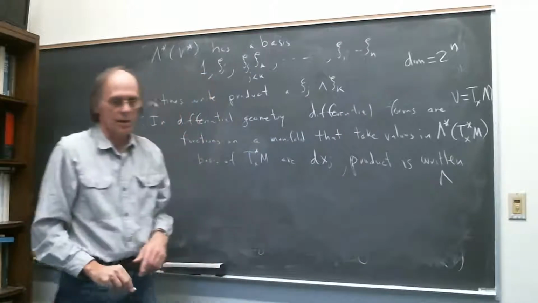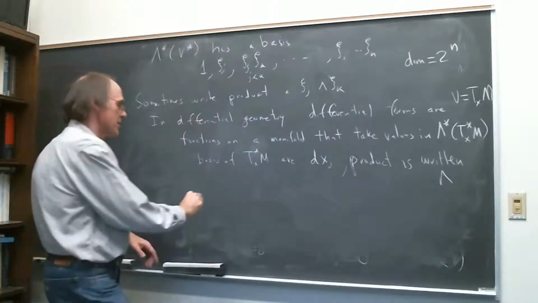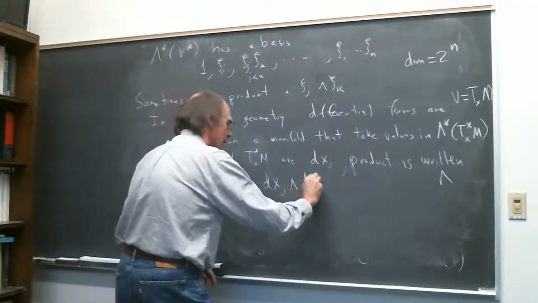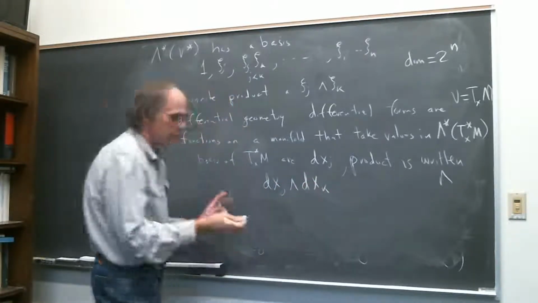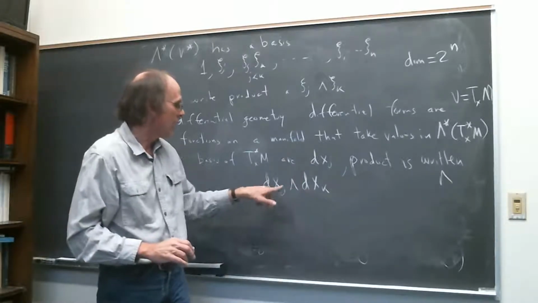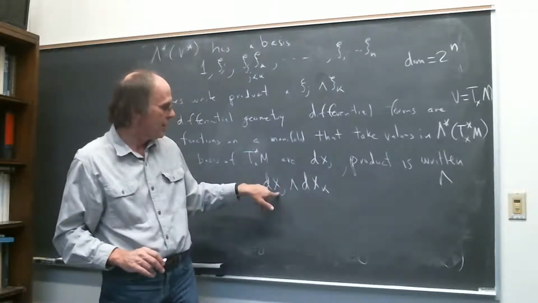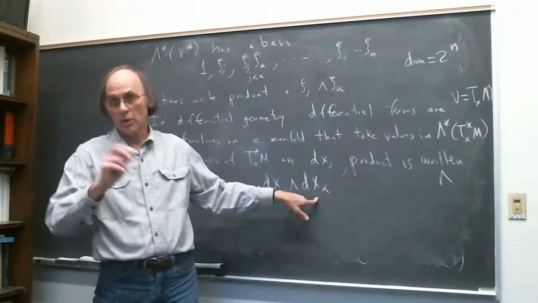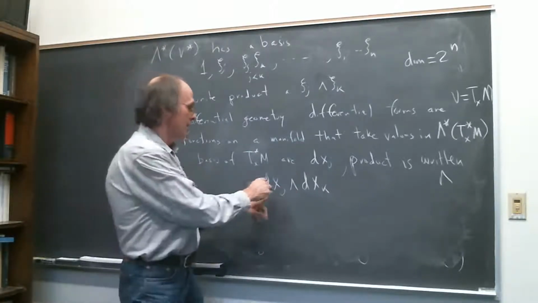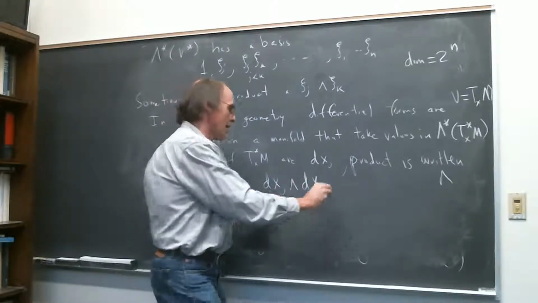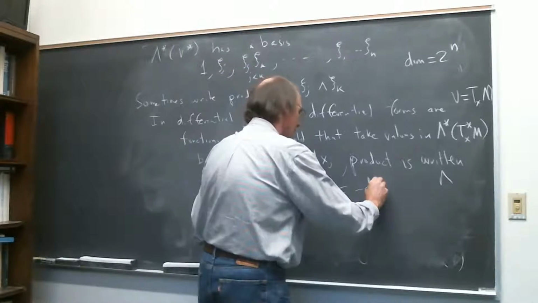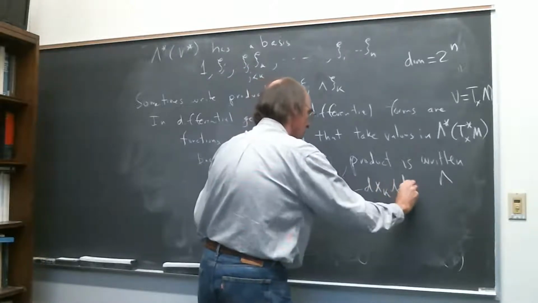So when you see differential form calculations, you'll often see things involving dx_j wedge dx_k. They follow exactly the same rules I've been talking about here: if j equals k, this is 0, wedging something with itself gives you 0. If j is not equal to k, then this is minus dx_k wedge dx_j.